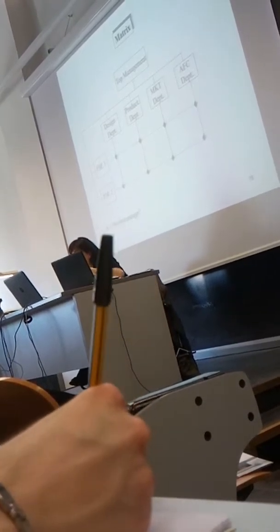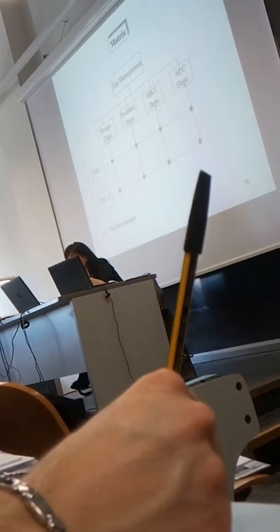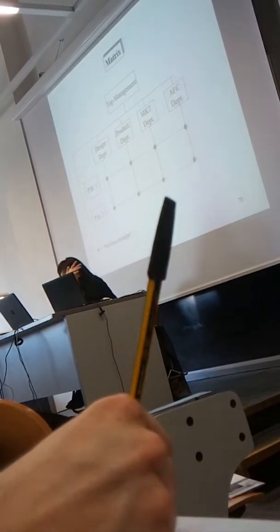So the responsible of the functional area and the responsible of the different output that could be process, product, and project. Okay? So the first level, analyzing the matrix structure, is represented by top management for sure.